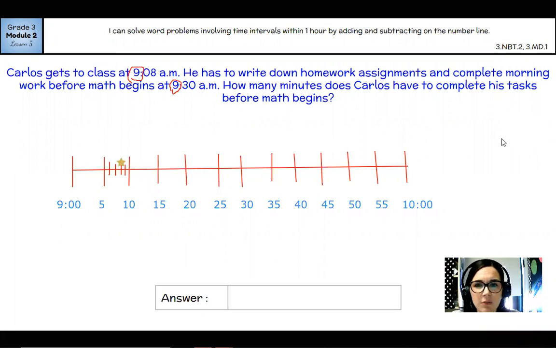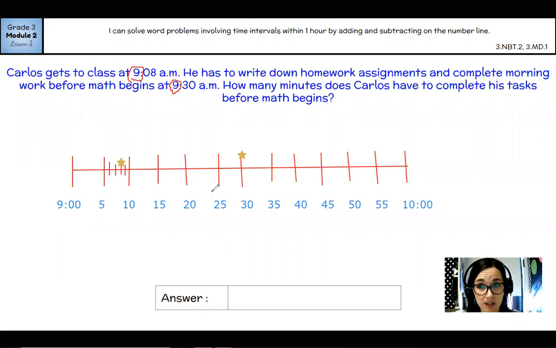He has to write down homework assignments and complete morning tasks before math begins at 9:30. Okay, 30 is a nice and easy one for me to mark because it's already here. I'm going to go ahead and change the color of my pencil so that you can see the hops, the intervals that I'm jumping to figure this out.